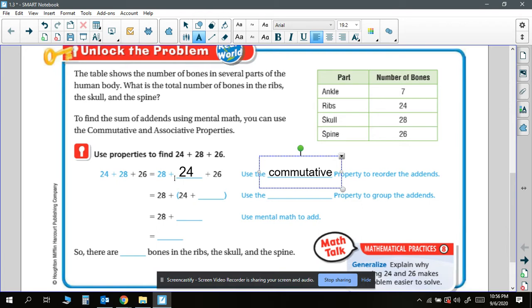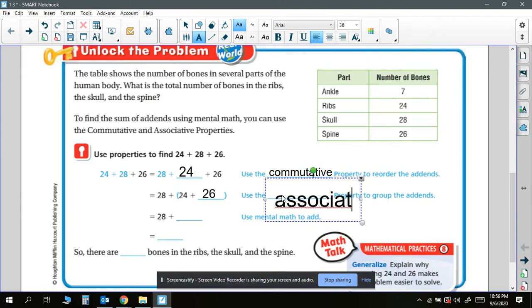But now, if you look in this second part, they took 28. We have the 24. Now we need the 26 over here. Okay, but if you notice, what did they do here? We have parentheses now. So they grouped the 24 plus the 26. As soon as you talk about grouping numbers, that's going to be the associative property. Remember, association, associative.